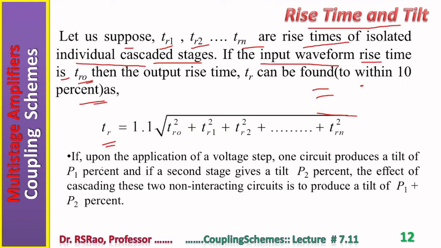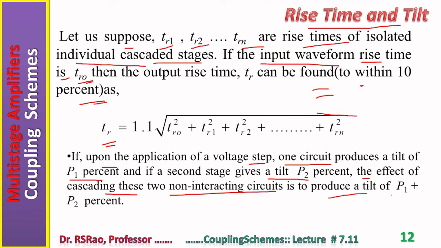If, upon the application of a voltage step, one circuit produces a tilt of P1% and a second stage gives a tilt of P2%, the effect of cascading these two non-interacting circuits is to produce a tilt of P1 plus P2%.